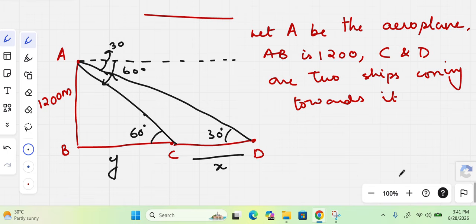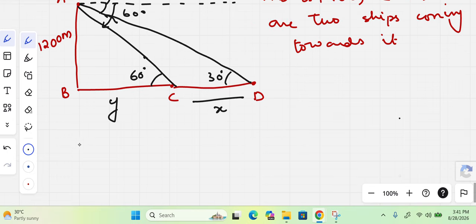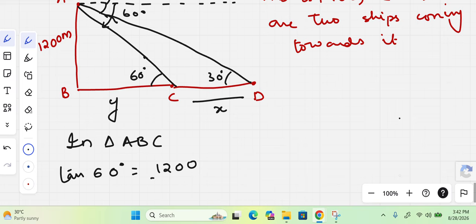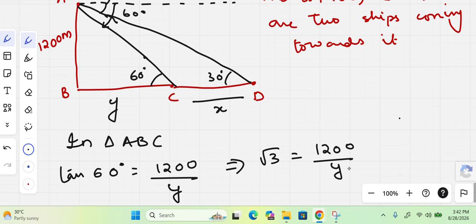You can start with triangle ABC. In triangle ABC, tan 60 is equal to 1200 by y. Tan 60 is root 3, so root 3 equals 1200 by y.